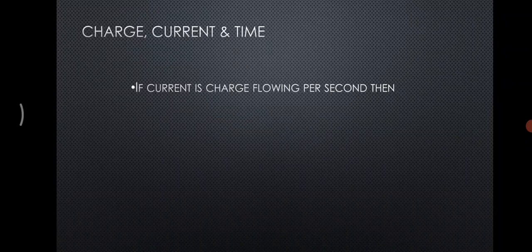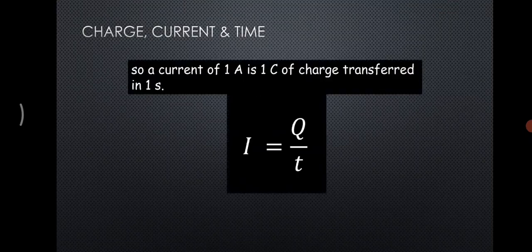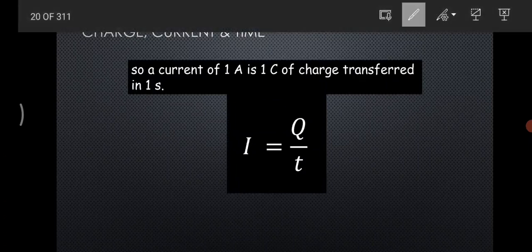If current is charge flowing per second, then we have a formula: I equals Q by T. So 1 ampere is 1 coulomb of charge transferred in 1 second. If charge is 1 coulomb and time is 1 second, we call it 1 ampere, children.